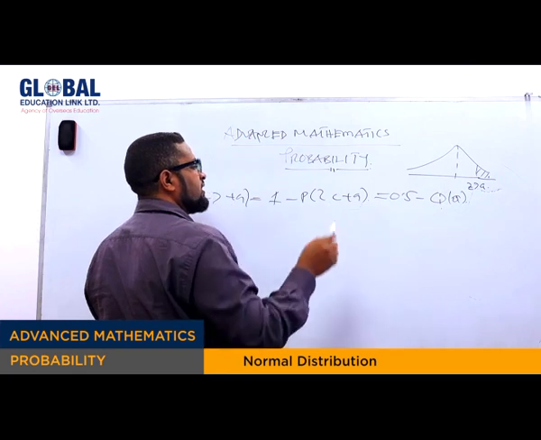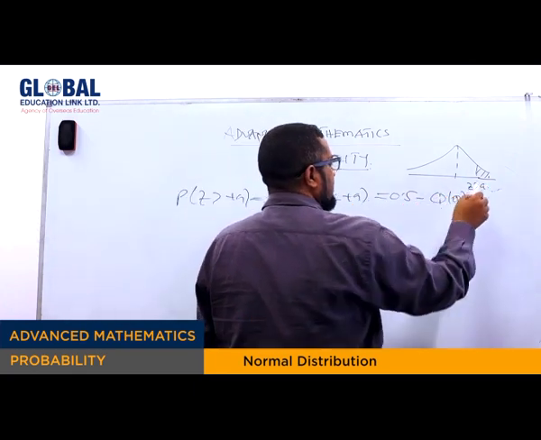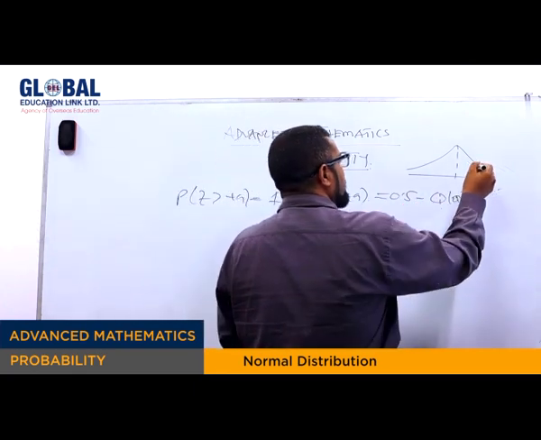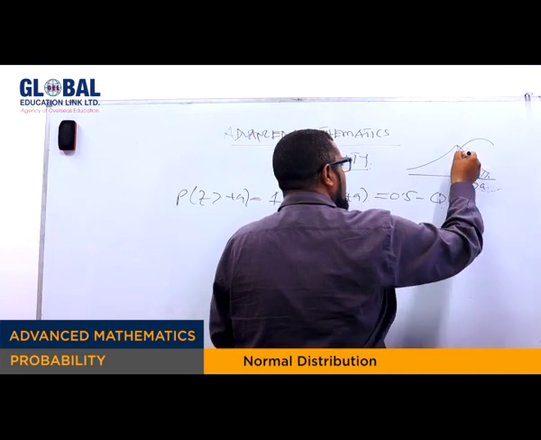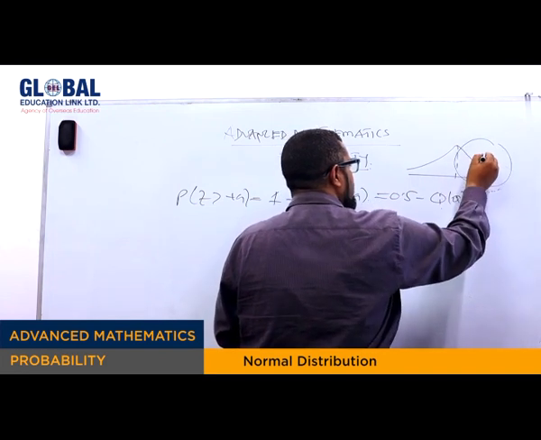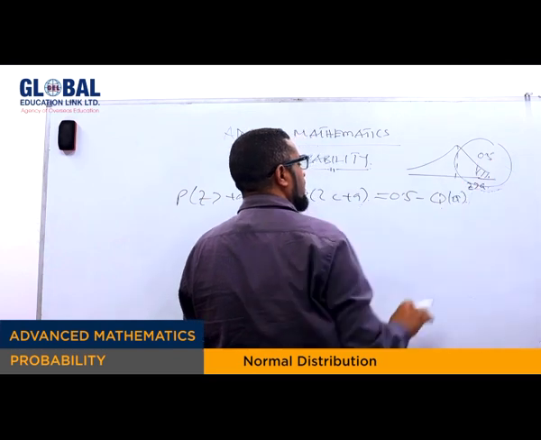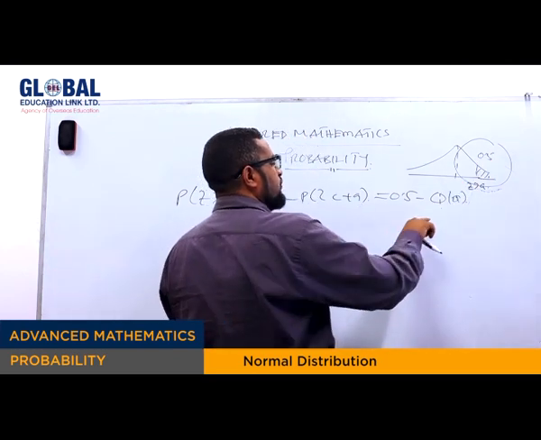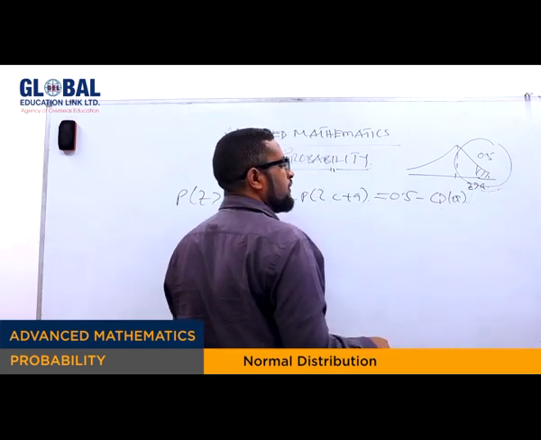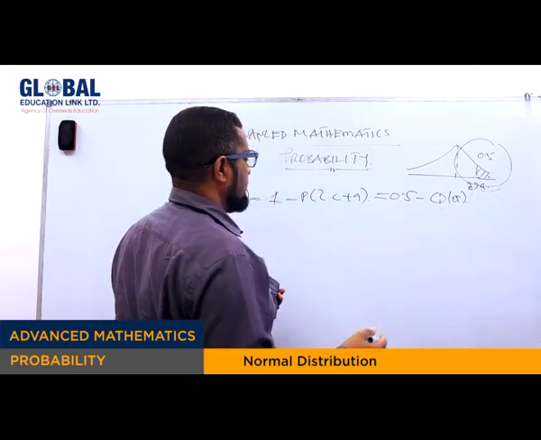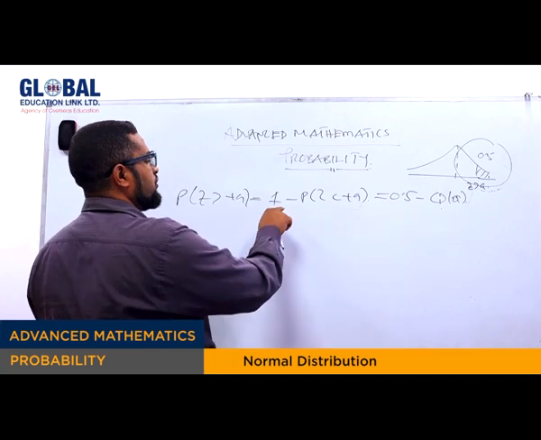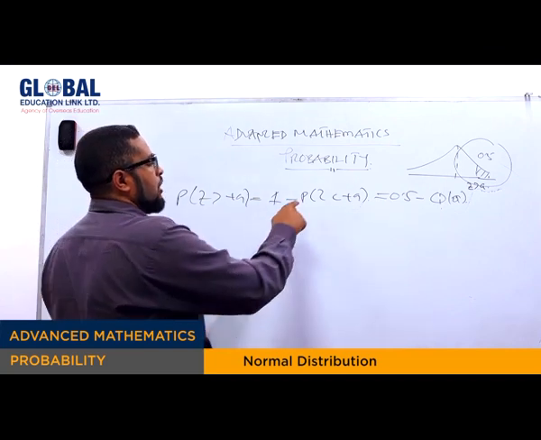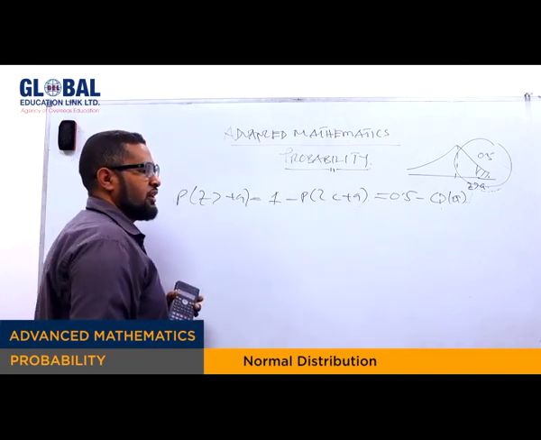You will obtain the value of z greater than a. Or you may just consider the right part, having 0.5 as total area, minus q of a. So if you use 0.5 minus q of a, you will obtain the same value as using 1 minus the probability of z less than positive a.